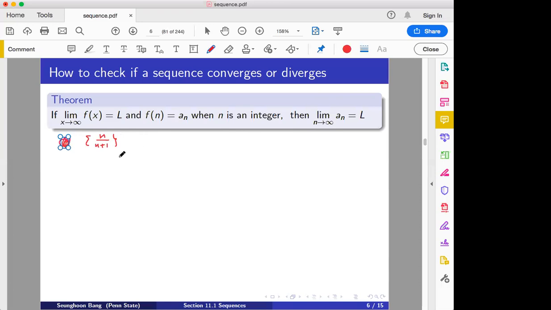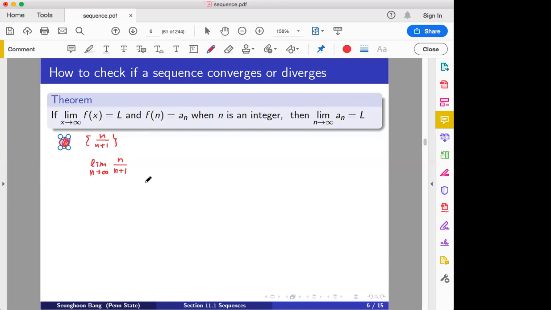I want to calculate the limit as n approaches infinity of n over n plus 1. Do you know the answer?